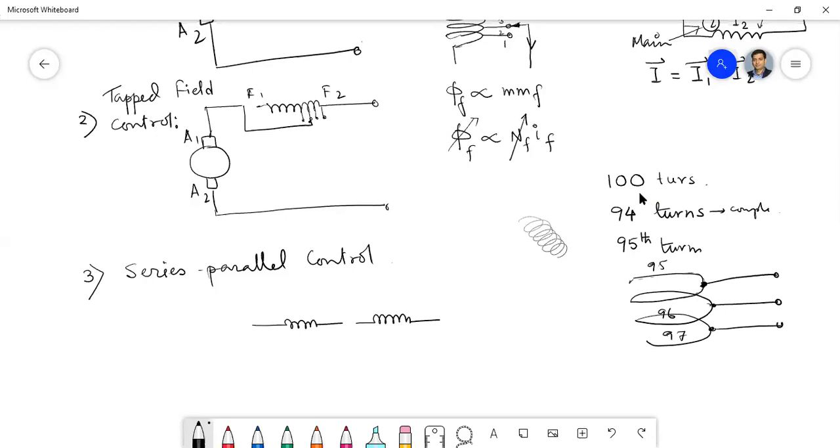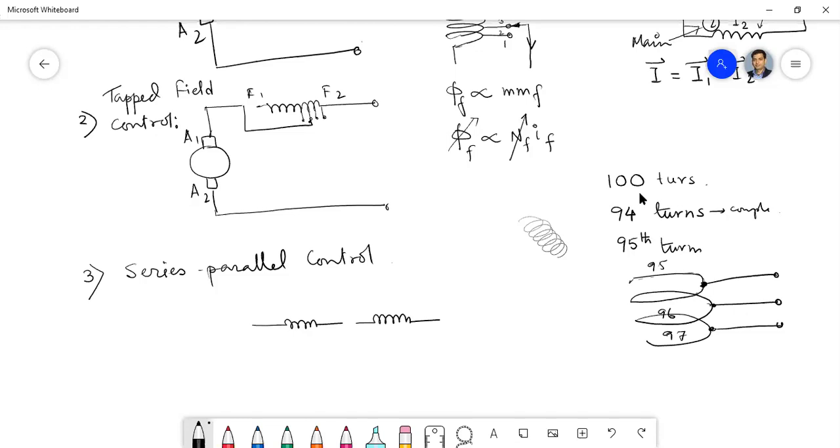In this way you can create 6 turns having taps. And if you want to make the tap with 2 turns, then you can proceed like this: 94, 96, 98, and so on. Clear?